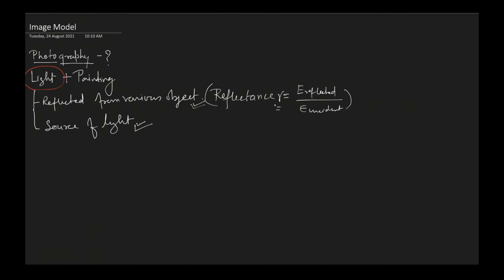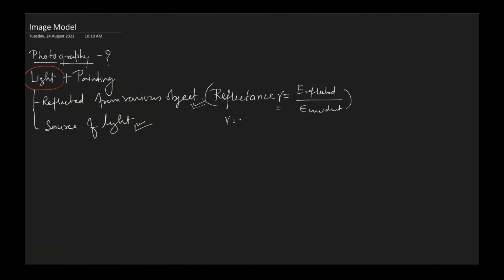What is the maximum value that reflectance can have? 1. When will it be 1? It will be 1 if all the energy that is incident is reflected, when it is a white object.